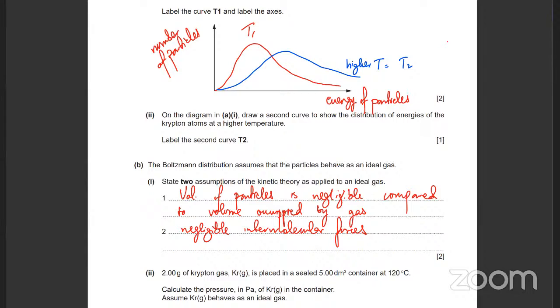What are the other assumptions if somebody asks, in a 5-mark question, for more than two assumptions? One was that collisions are elastic. What else? There are lots of other assumptions. Temperature is proportional to the average kinetic energy, or temperature is a measure of the kinetic energy of the particles.